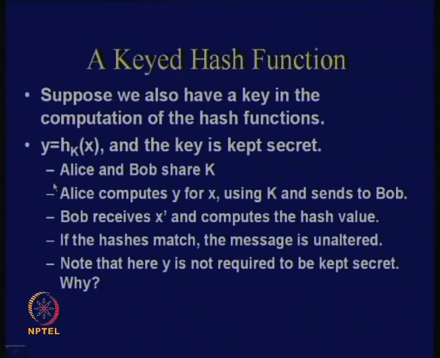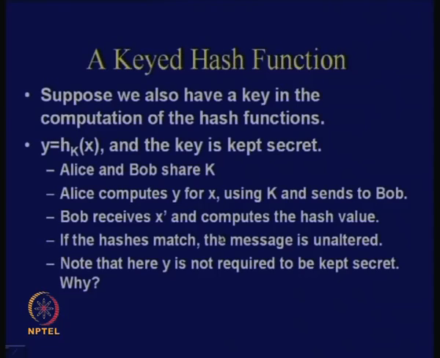So suppose we also have a key in the computation of the hash function, and this is represented as h_k(x), okay, and the key is kept secret. Then Alice and Bob are in this case sharing a key, so this is an example of a symmetric key cipher, right? Because they are sharing the same piece of key, okay. So Alice computes y for x using k. So what is y? y is h_k(x), okay, and sends it to Bob.